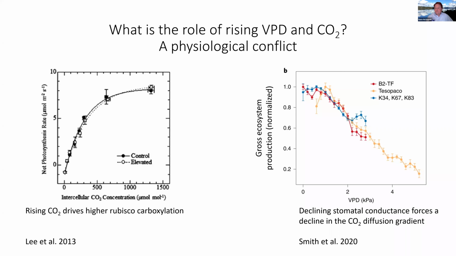It's a physiological conflict. So on the left is shown this classic photosynthetic response curve to CO2 concentration, or Ci, we often call it in the physiology world, because it's the intercellular CO2 concentration. And we see this great increase in photosynthesis that does saturate, notably, and this is driven by higher Rubisco carboxylation, less photorespiration.